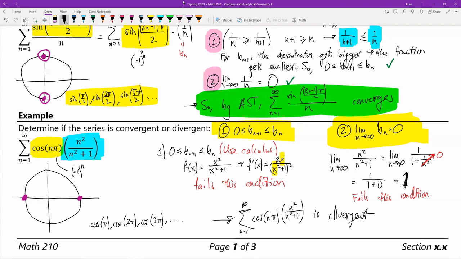That means this summation doesn't approach anything in particular. Those are 2 examples there.